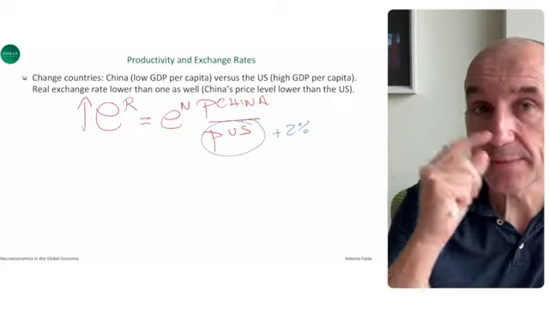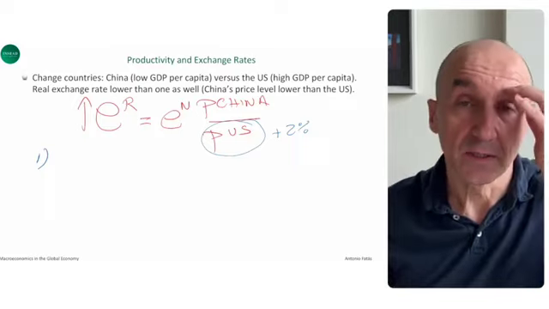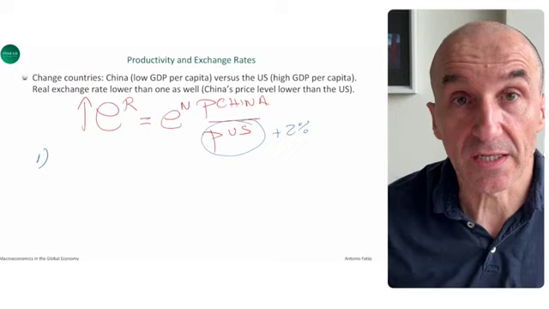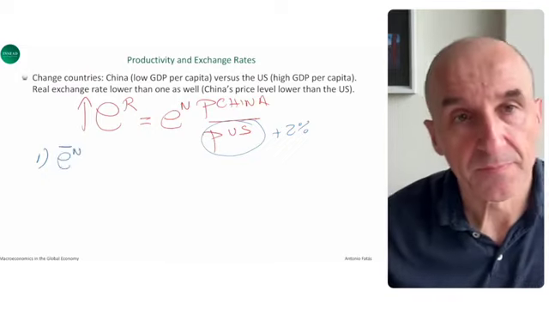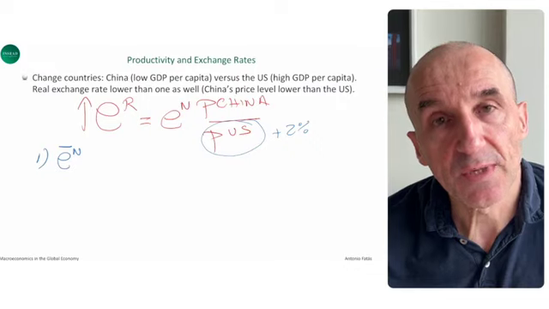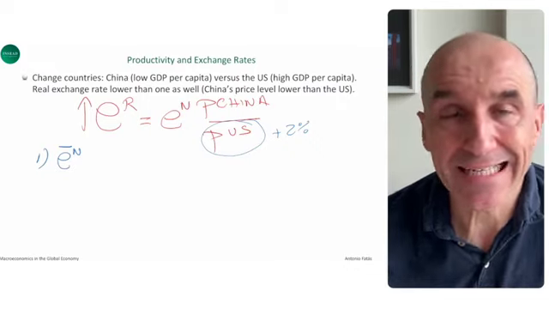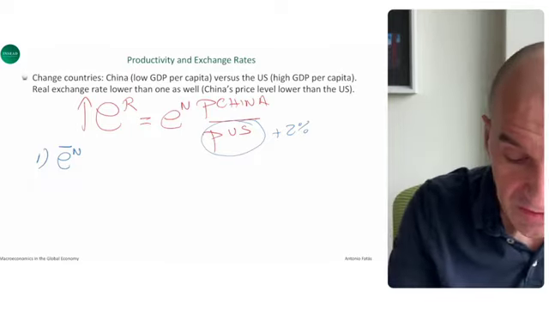Now, here I want you to think about 3 scenarios. Scenario number 1, the Central Bank of China, and here the central banks are key, says fix exchange rates. So scenario number 1 says fixed exchange rates, which says fixed nominal exchange rate, that EN cannot move. What is the conclusion in this case?